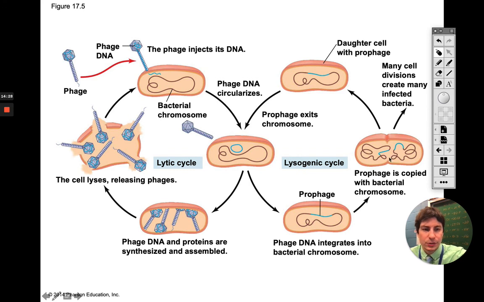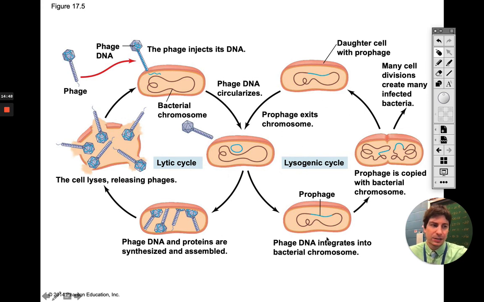It's going to reproduce. Now we've got more cells with that DNA in it. And then it can go over to the lytic cycle and start making baby viruses, and then it explodes. So pretty much the virus doesn't have to do too much if it uses the lysogenic cycle first.